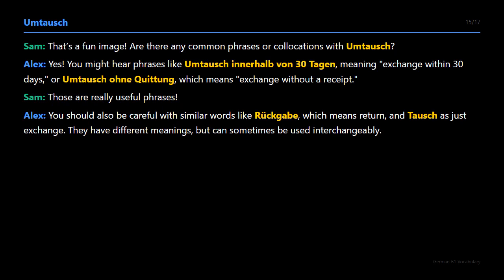Those are really useful phrases. You should also be careful with similar words like Rückgabe, which means return, and Tausch, which is just exchange. They have different meanings, but can sometimes be used interchangeably.